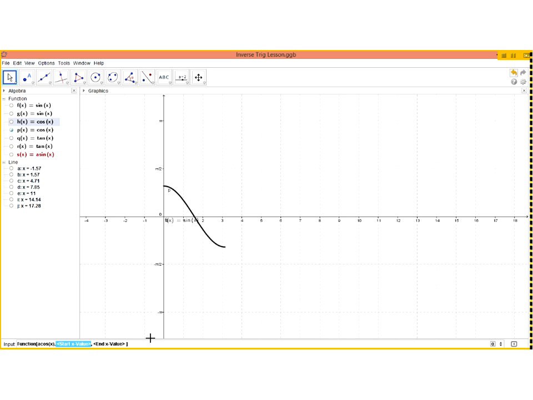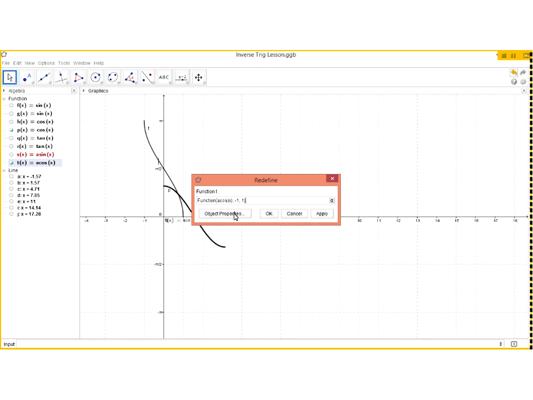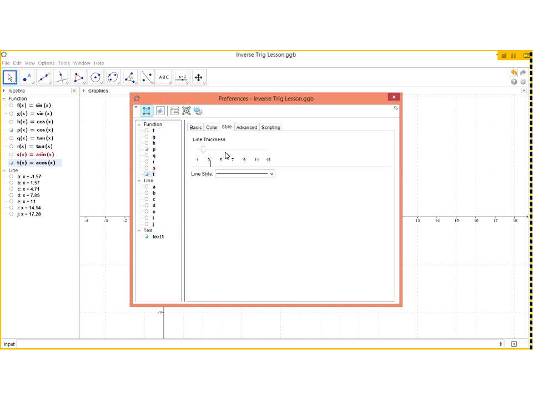Here it's called arc cosine, but it's also inverse cosine. So I'm going to go from -1 to 1, and that's what we get. Notice that I don't have any negative values.